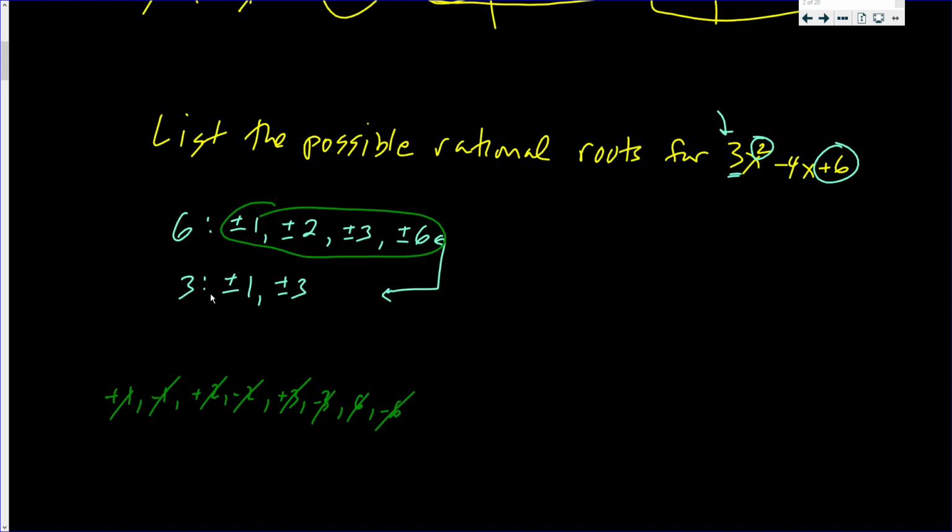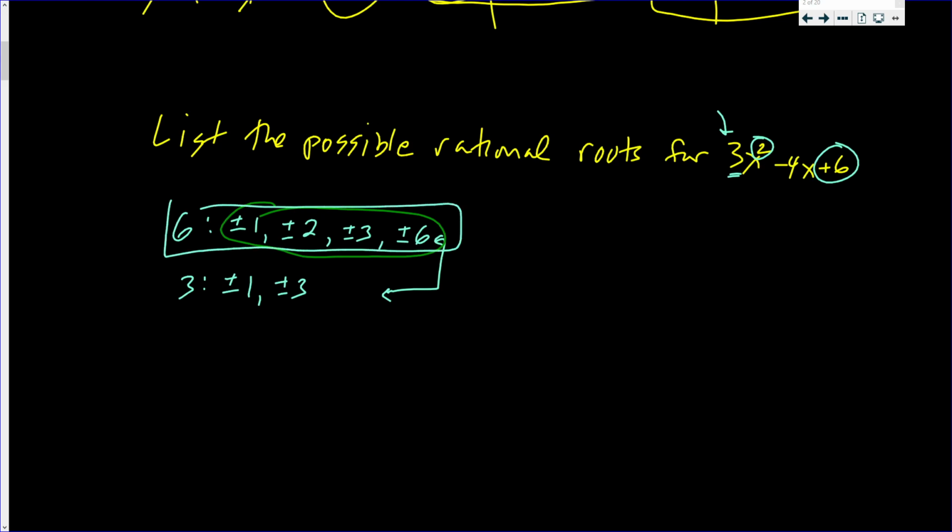And in the bottom, there are 4 numbers. We want to find all the fractions where the numerator comes from the constant and the denominator comes from the leading coefficient.